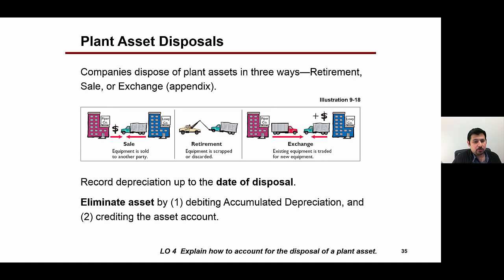We get to plant disposal. There are three main methods. It's either retirement. This is where the company basically discards the asset. They're not selling it. They're just getting rid of it. There is sale of the asset.